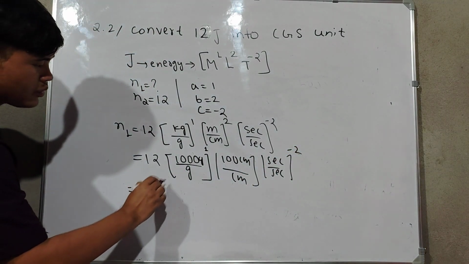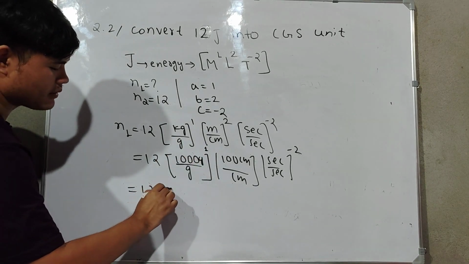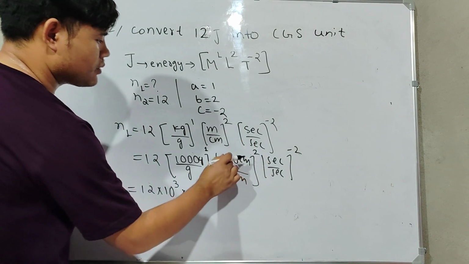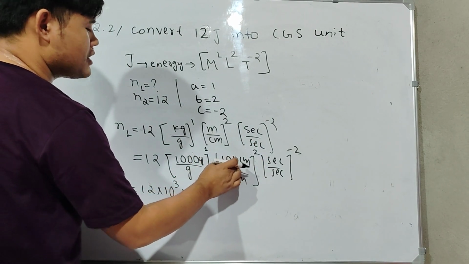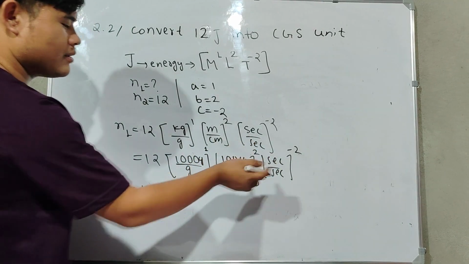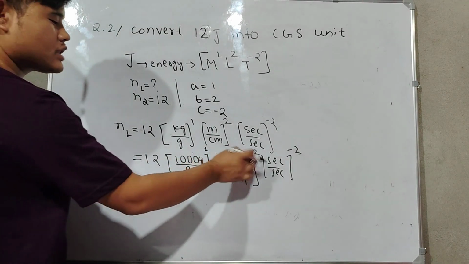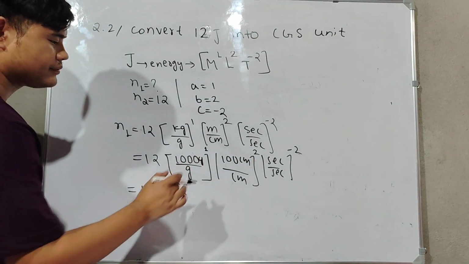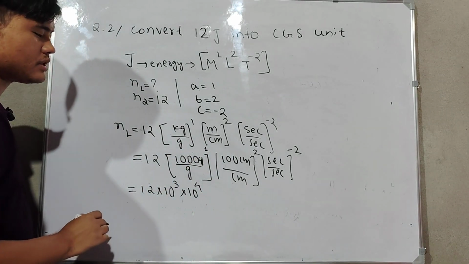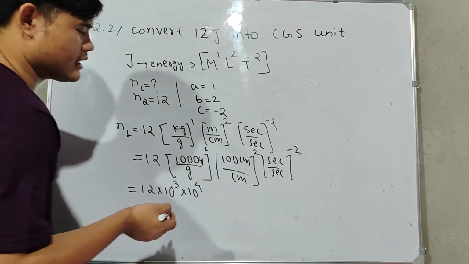So it will be 12 into 10 to the power 3 into, this will be power 2, right? So 100 means 10 to the power 2. 100 squared means it will be 10 to the power 4, right? Not 100 thousands, but 10 thousands.